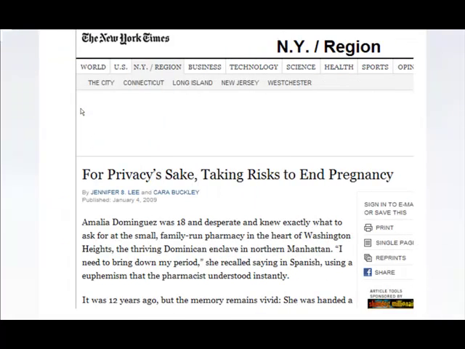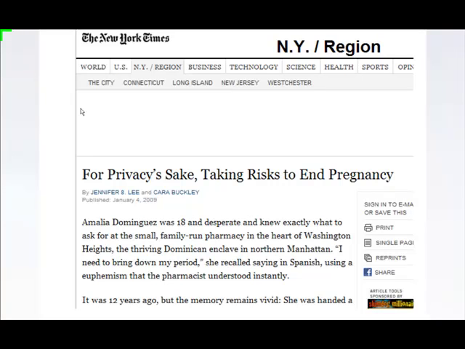And this is another example, which was in the New York Times in January of last year. This is a story about women of Dominican origin living in New York, asking their pharmacists for an ulcer drug, which is also known to induce abortions. The reason they do this is they don't seek care because they don't want anybody to know that they're trying to get an abortion.